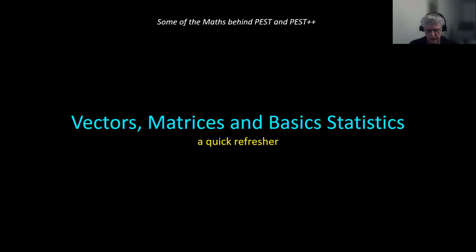So, as I've said, this is going to be about the maths behind PEST and PEST++, but really the maths isn't too complicated. And as far as I'm concerned, the most important thing is the concepts behind the maths rather than the equations. So if you don't understand every equation, no big deal.